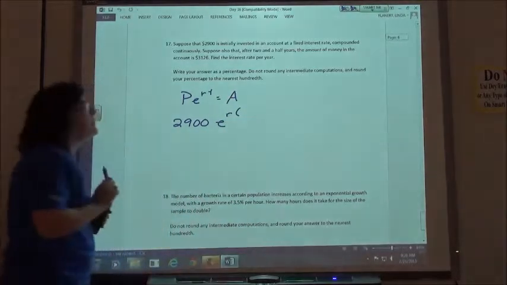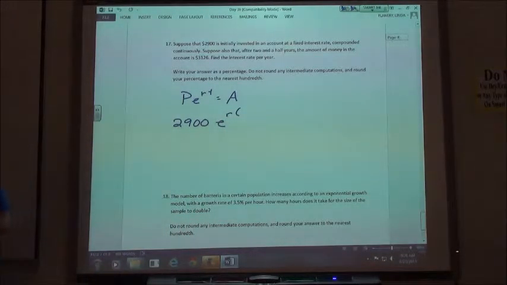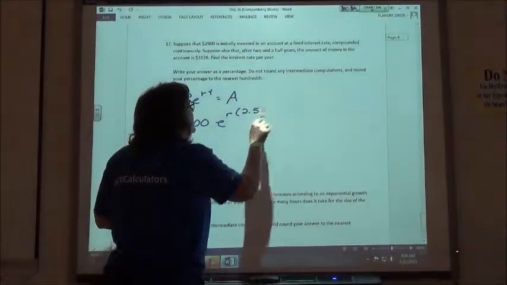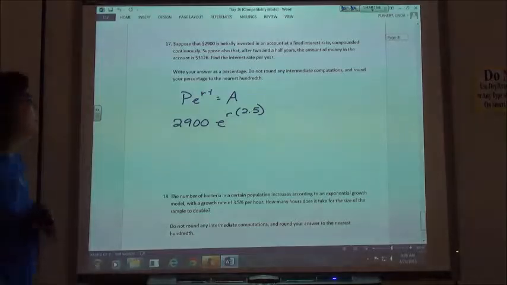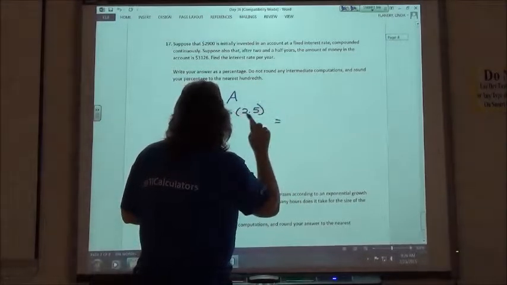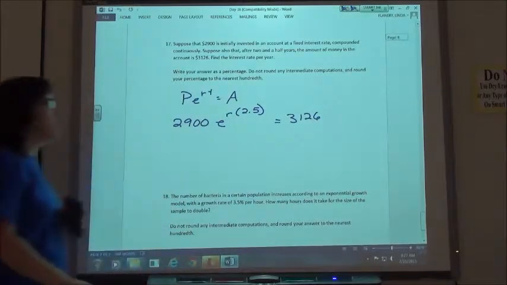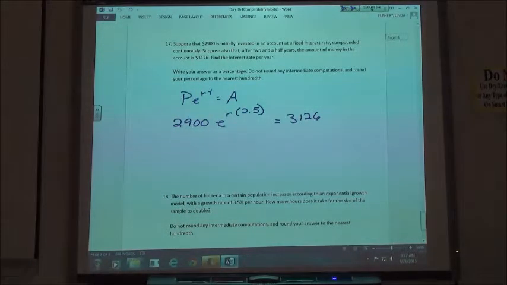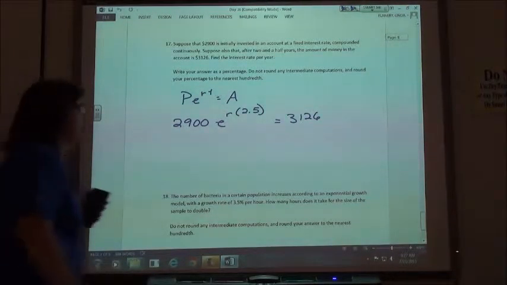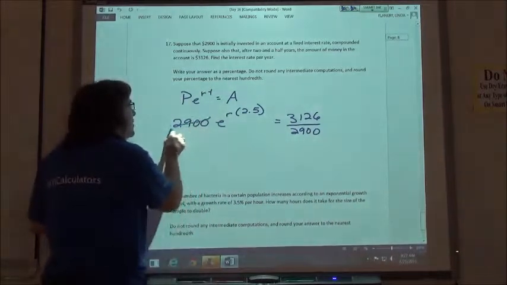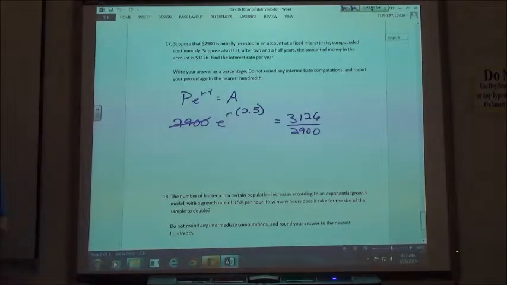The time is 2.5, so I'm going to use 2.5 just because it's easier to use on my calculator. And I'm going to end up with my final amount being 3,126. So first thing I want to do with that is divide. That one doesn't cancel anything out very easily, so I'm just going to leave it like that since I'm using my calculator anyway.